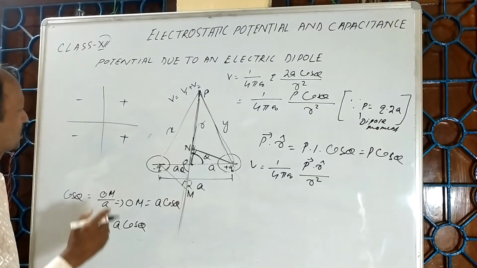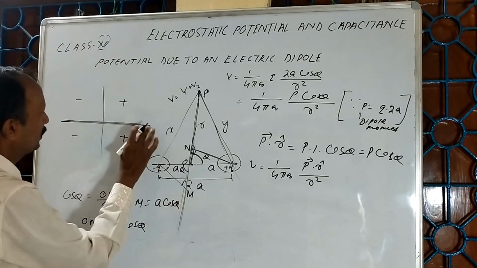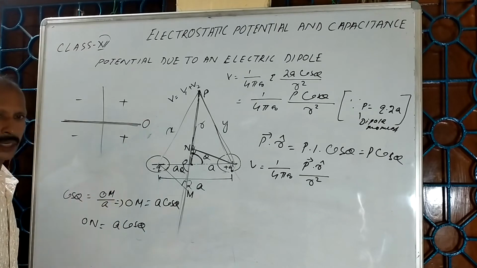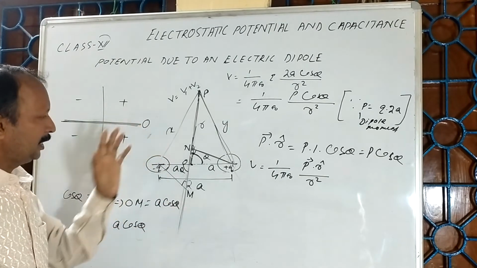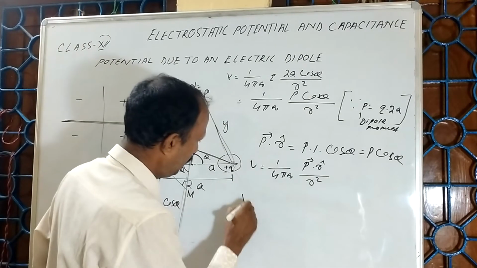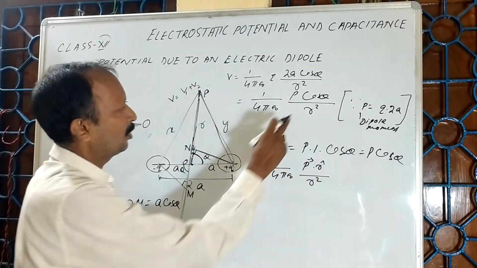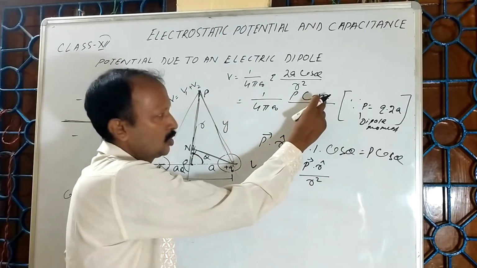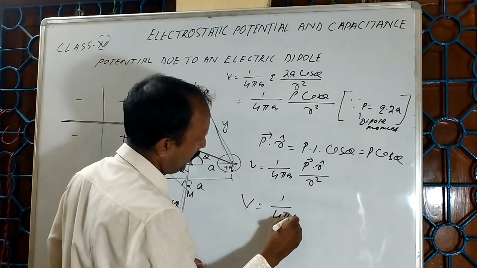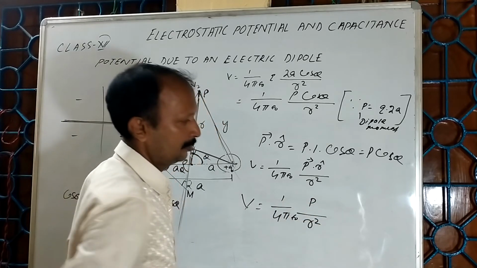Now suppose in this axis I have written 0. Clear? That means if theta equal to 0, cos 0 equal to 1. I can write there 1 by 4 pi epsilon naught P by r square.